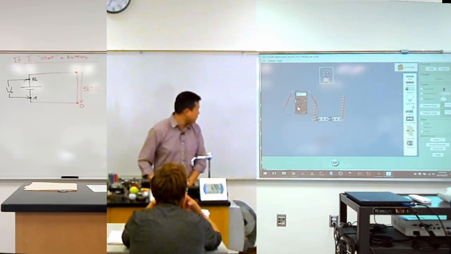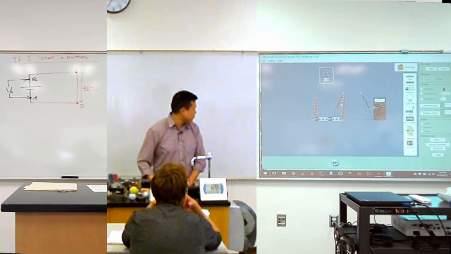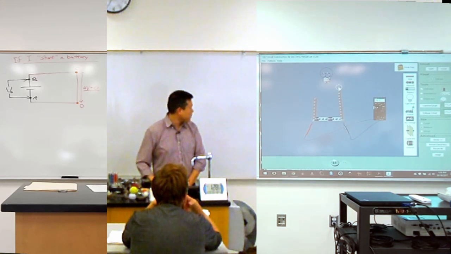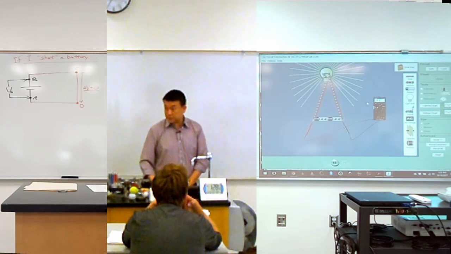Oh, wait, I do have a voltmeter, all right. So I can actually use the voltmeter here. So let's see, this is the positive end, negative end, all right. Wait, sorry, the other way around. So that's the voltage. When I connect it to the light bulb, I still get the same voltage.